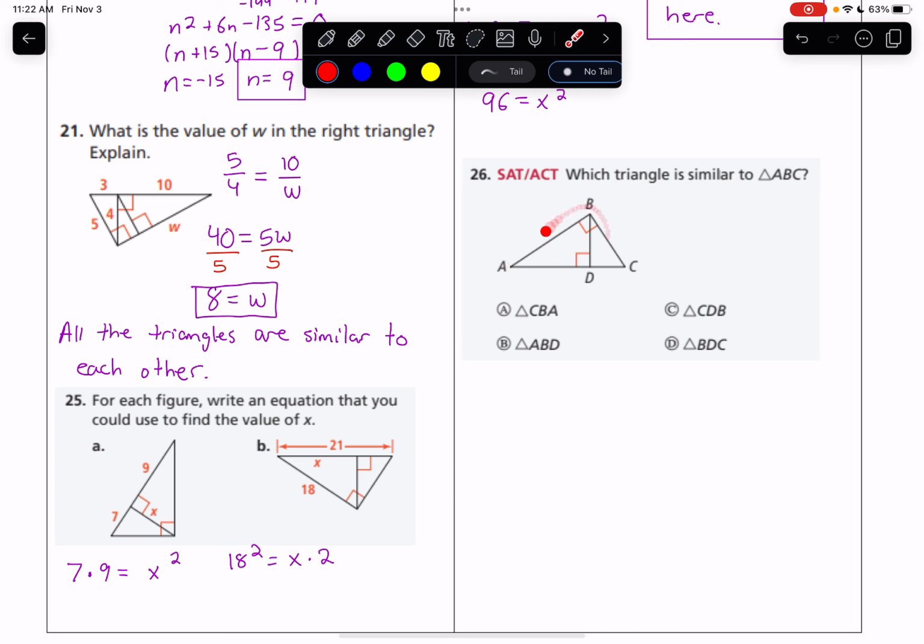ABD is this medium-sized triangle. That goes small angle, medium angle, right angle. That's not the right pattern. For CDB, that's the little triangle. That goes medium angle, right angle, small angle. That doesn't work. For BDC, that goes small angle, right angle, medium angle. So D follows the same pattern and is similar to triangle ABC.